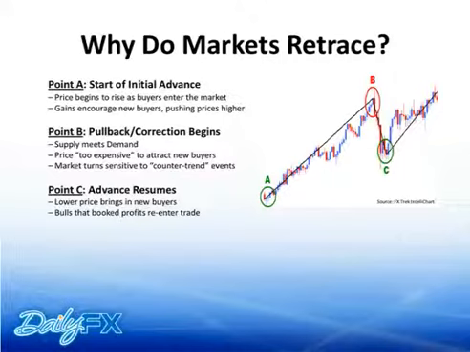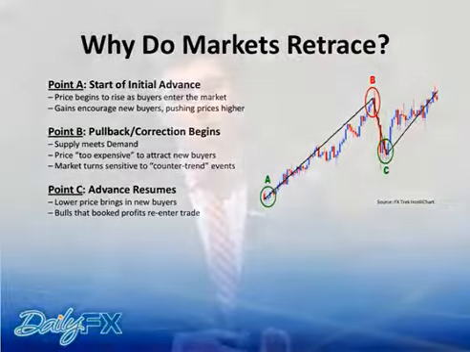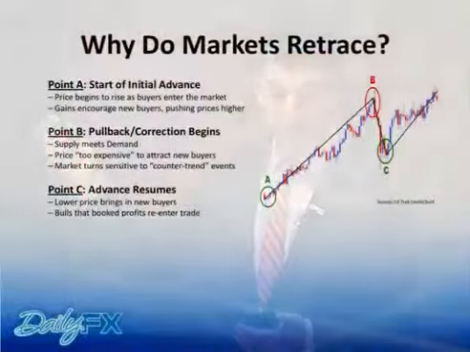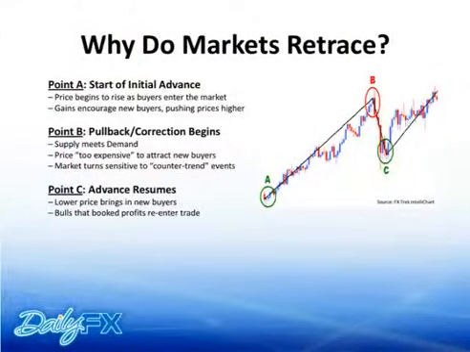Now, once we get the move lower, those people that wanted to be long but didn't because the price had already become too expensive, all of a sudden the market starts to look a lot more attractive, because now the price is obviously lower and it's much more interesting to get back in.